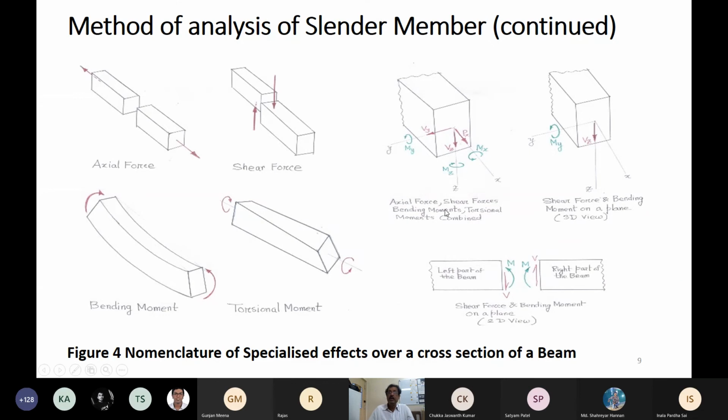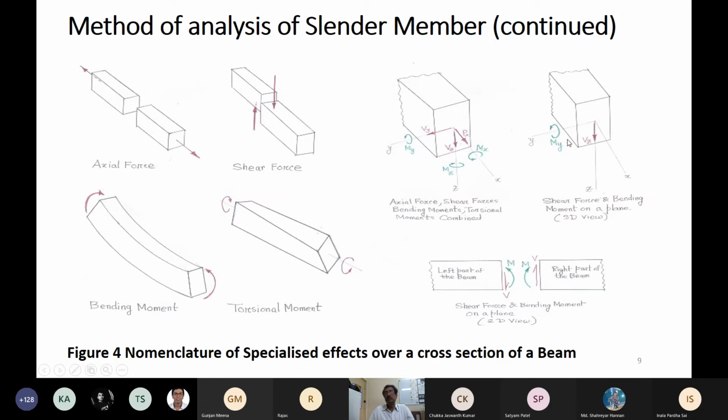And for the beam, I can switch off the Mx, which is the torsional effect. I can switch off the Vy also, which is the shear in the other plane. But vertical shear, Vz, is definitely there in a beam. Mz is a moment in the other plane, and that also for the time being I can neglect.